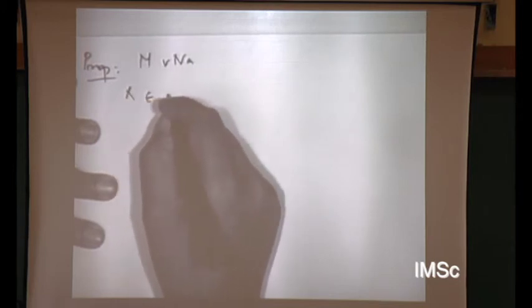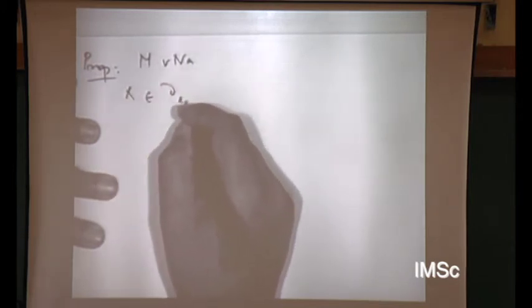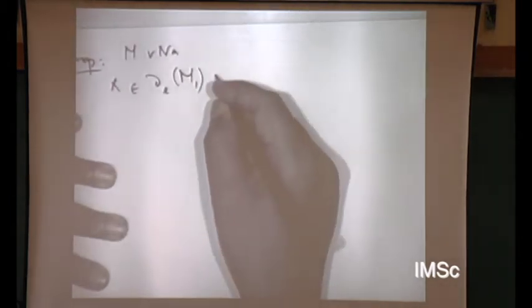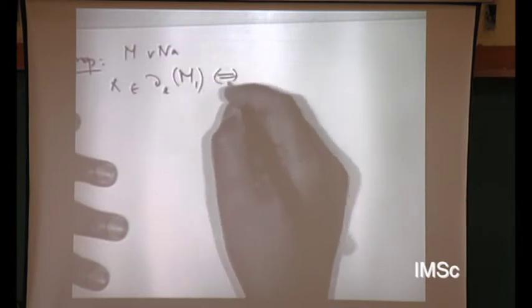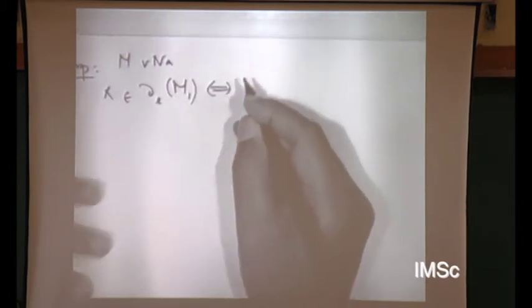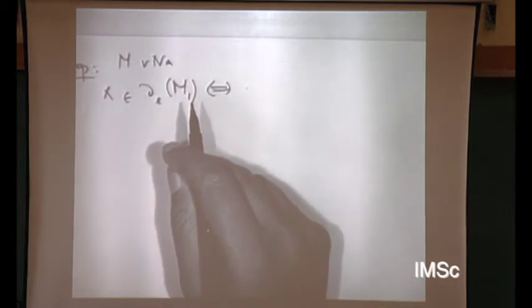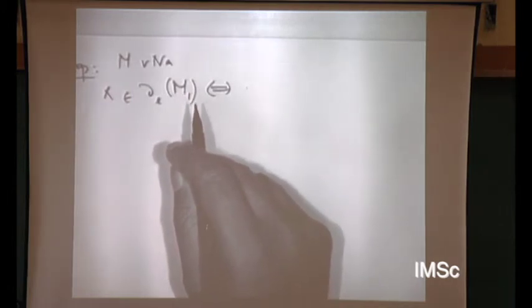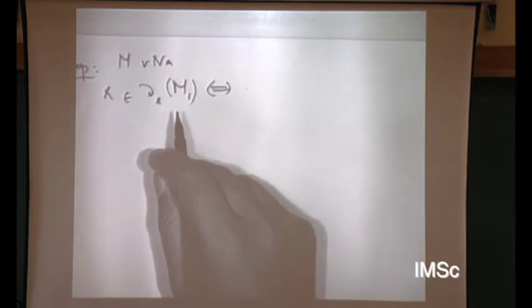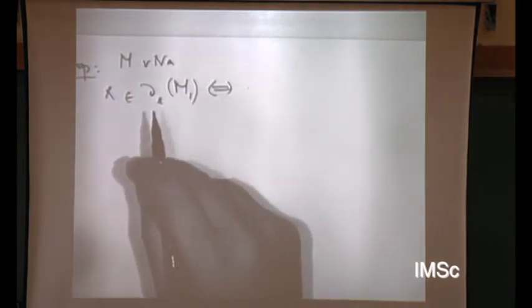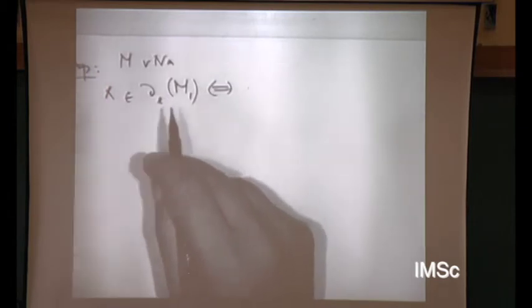X is an extreme point of the unit ball of M if and only if this holds. What do you think the answer will be? Look at finite dimensions. What do you think are the extreme points of the unit ball of M_n(C)?